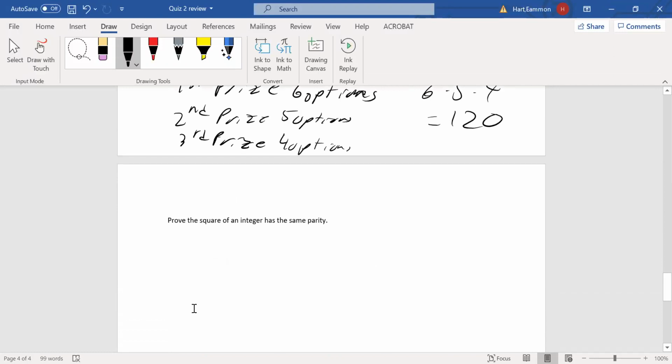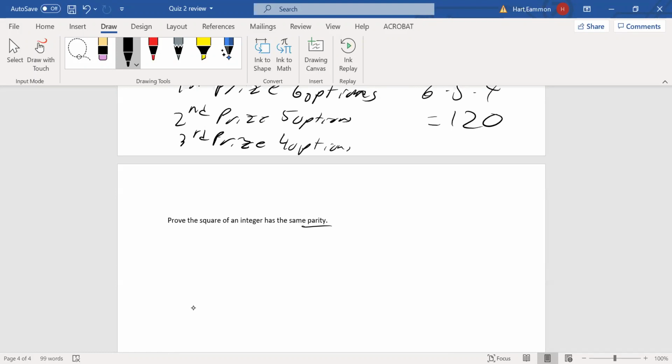So prove that the square of an integer has the same parity as the integer. Does anyone know what parity means? It just means odd or even. So what method do people think I'm going to use for this? Anyone? Proof by cases.